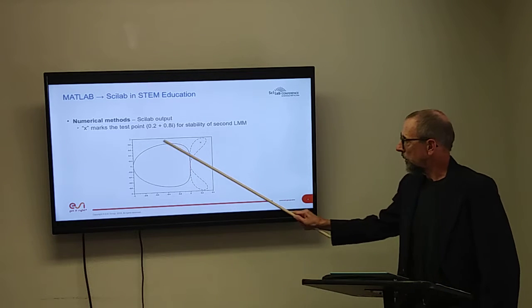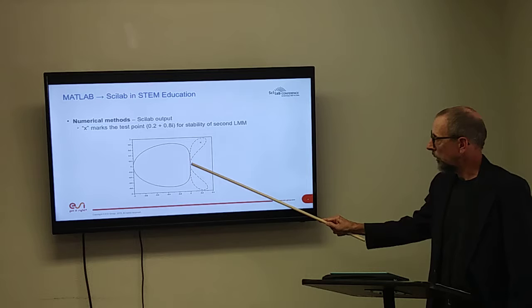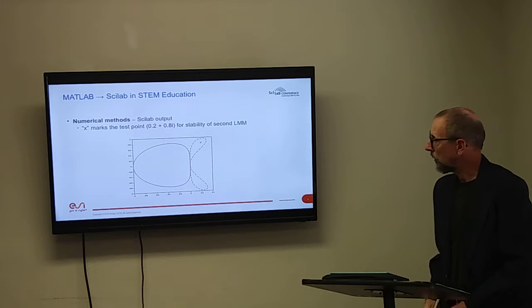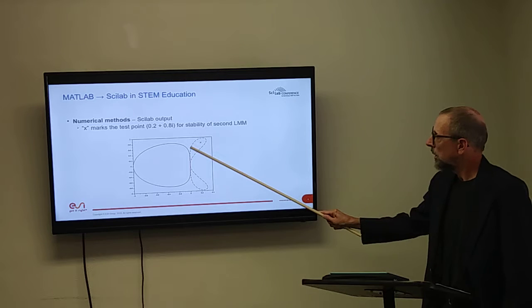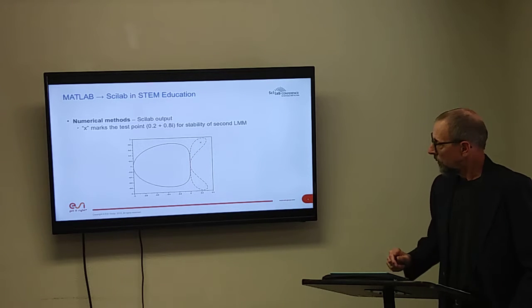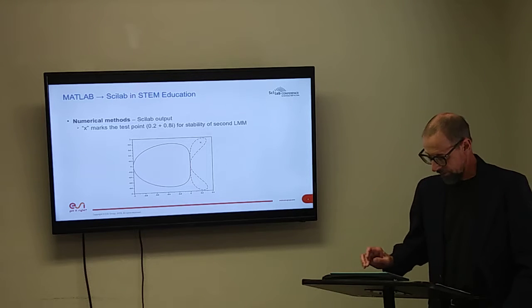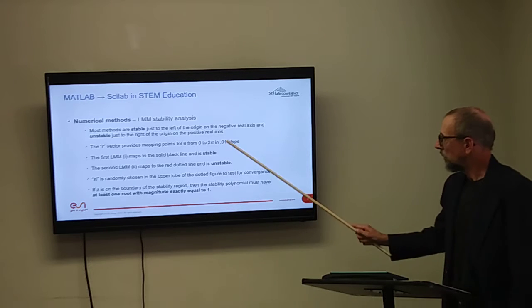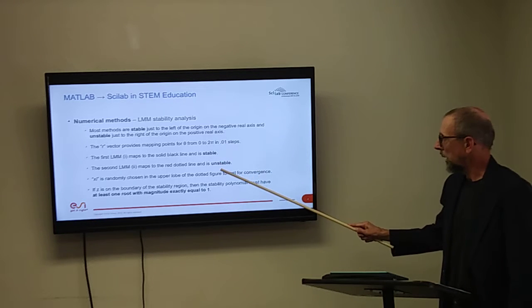This particular method shows up in literature. This one was just proposed for the assignment given to the student to show the difference between an unstable and a stable solution set. Let's go back to this: the stable is the solid black line, and the unstable is the red dotted line for those reasons.